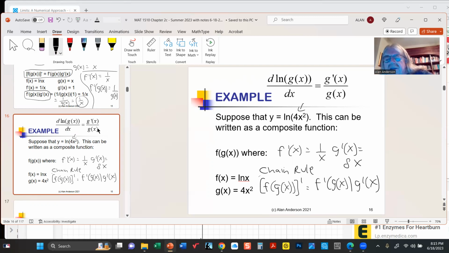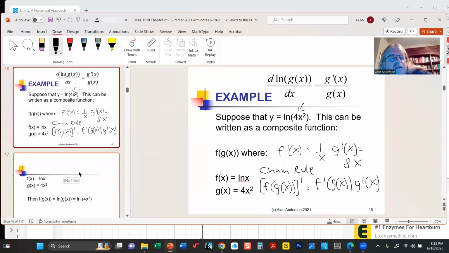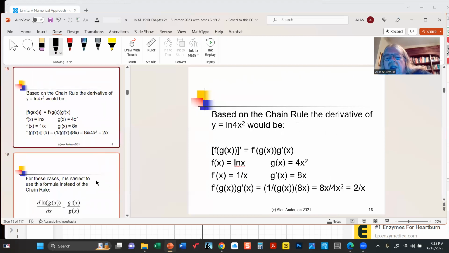So what does that get us? All right, here we go. I've gathered all the information together that we need. So here's the chain rule. We know what f of x and g of x are. We know what their derivatives are.